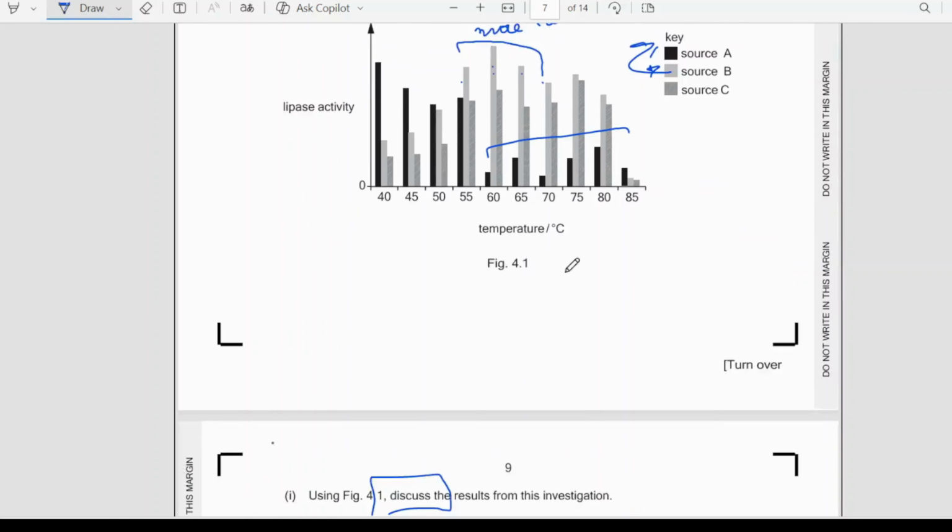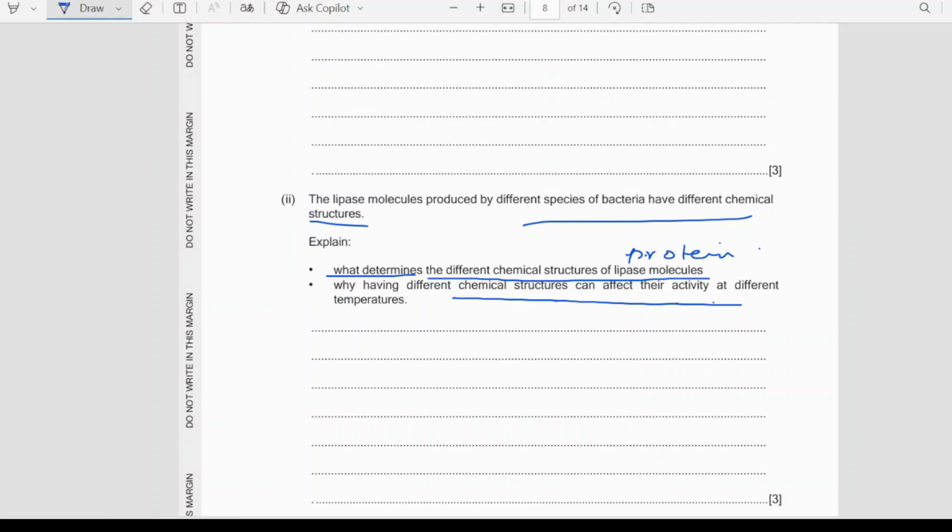Which molecule in the cell decides the structure of protein? Which organelle in the cell?